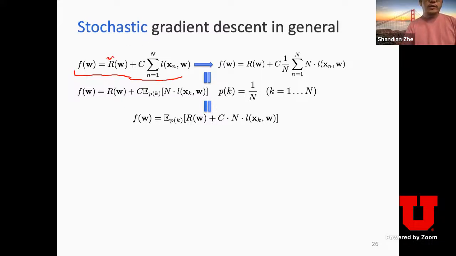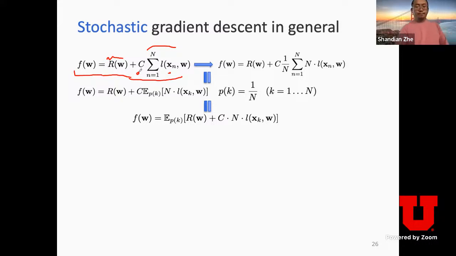One is the regularization term, like the squared norm in SVM; you want to penalize an overly complicated hypothesis space. The other is the loss term over the training set: you go through all N training examples, calculate the loss on every example, add them together and multiply by a hyperparameter C.